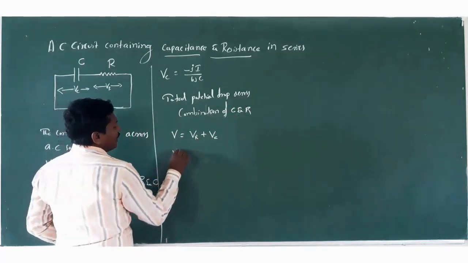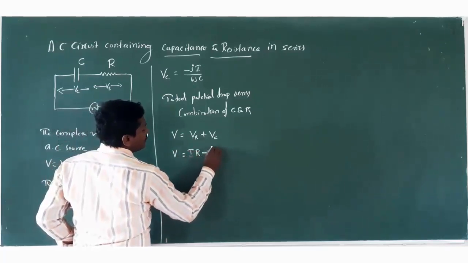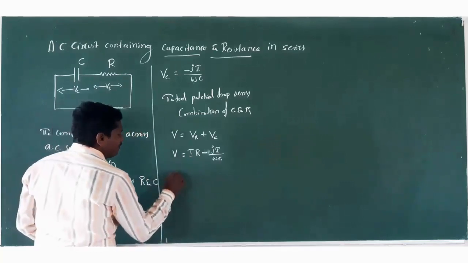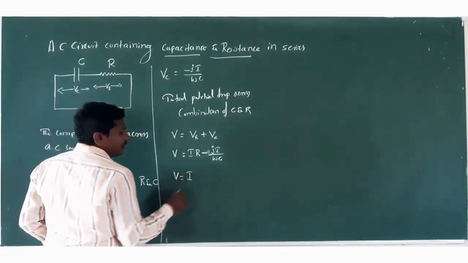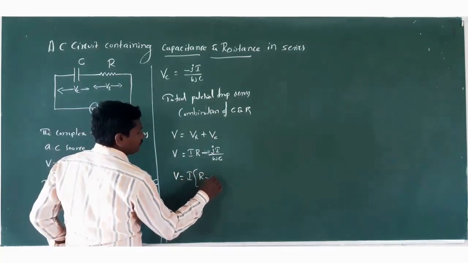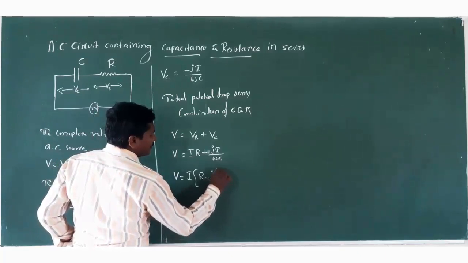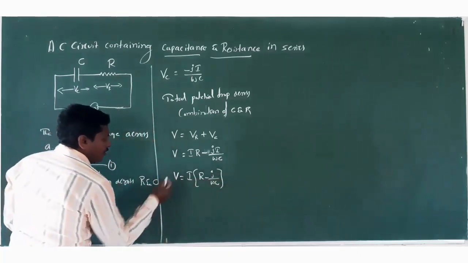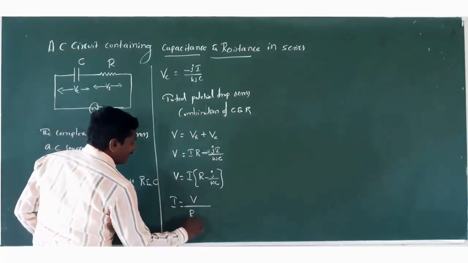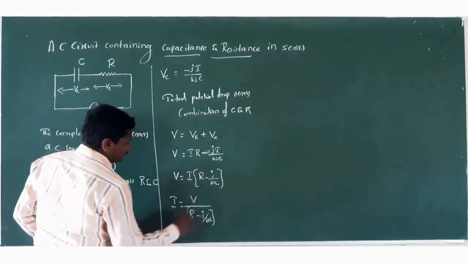We know that V is equal to VR, in the sense I into R, plus minus j I divided by omega C. If we simplify this one, V is equal to, taking I as a common term, I times R minus j divided by omega C. So if we simplify this one, I is equal to V divided by R minus j divided by omega C we are going to get.